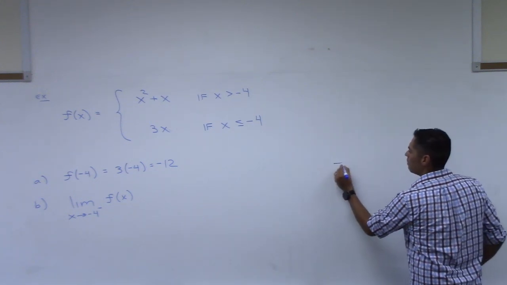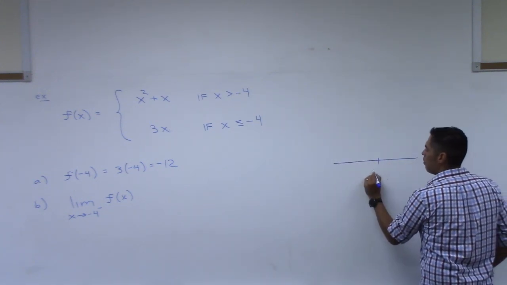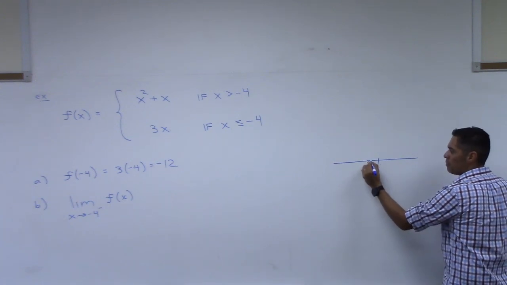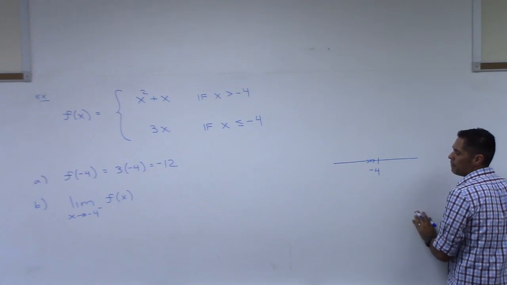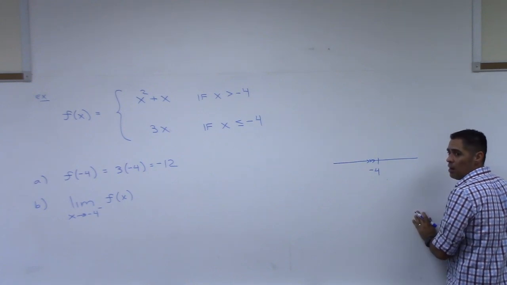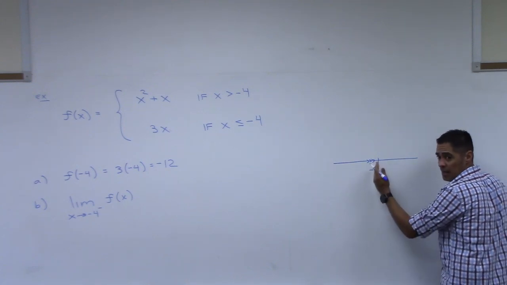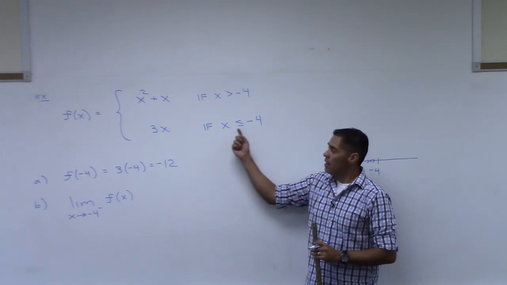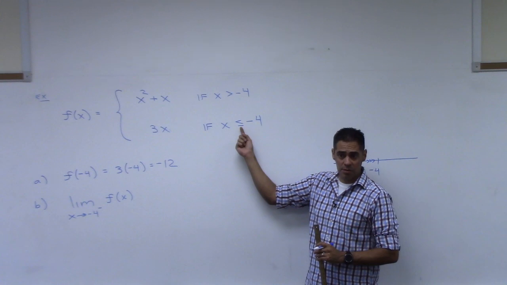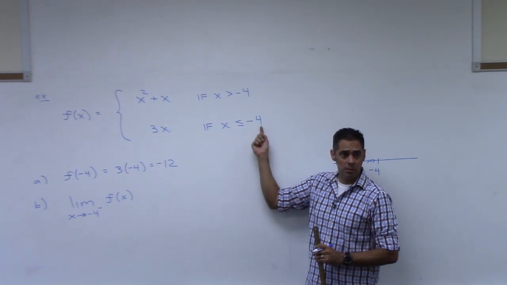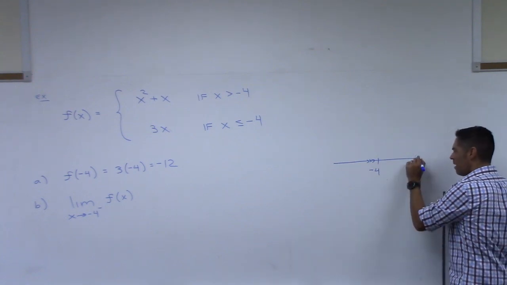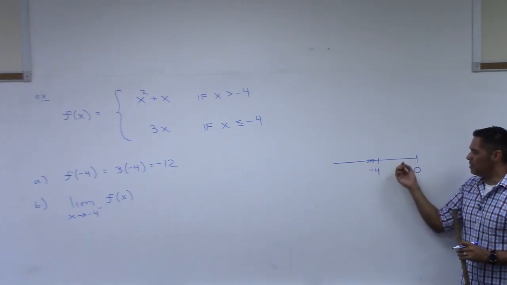Okay, so let's see here. Here's -4, right? So we're approaching from the left. We're approaching from over here, right? So that means we are less than -4, which is to the left of it. That's what this means. X is to the left of, or smaller than -4. Just want to make sure everyone's comfortable. Some people have trouble, like if this is 0, they for some reason think that this is smaller.